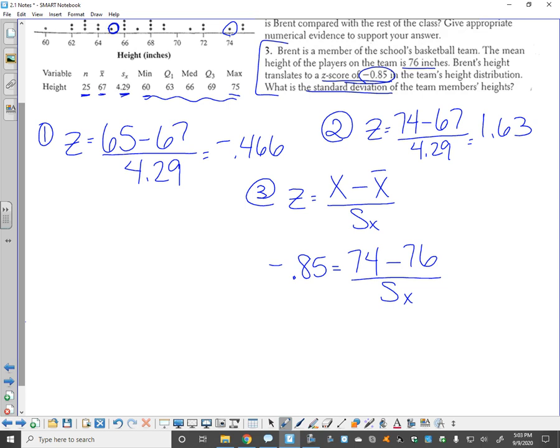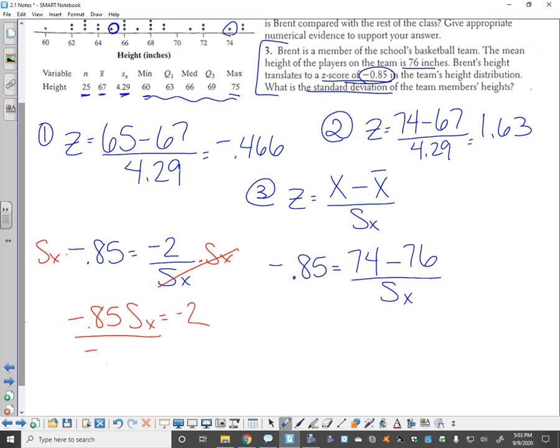So the first thing I'm going to do is subtract my 74 minus 76. So I have negative 0.85 equals negative 2 over S sub x. To solve this, I'm going to multiply both sides by S sub x. So now I have negative 0.85 S sub x equals negative 2.